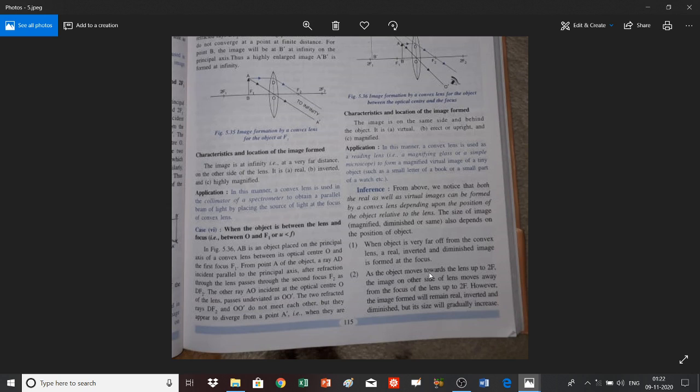As the object moves towards the lens up to 2f, the image on the other side of the lens moves away from the focus to 2f. However, the image formed will remain real, inverted and diminished, but its size will gradually increase. You can understand this from the previous set, where we already discussed these cases.